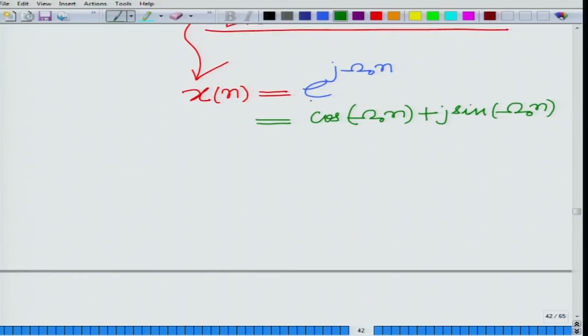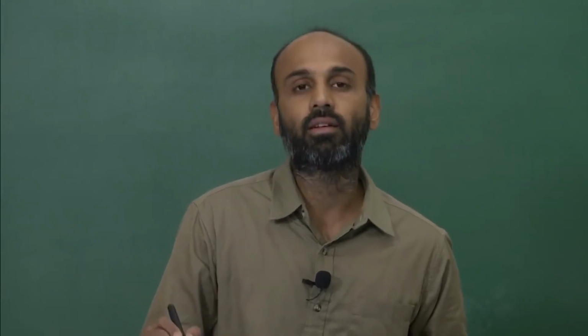And of course, now let us look at the periodicity of this signal. In particular, is it periodic? We would like to ask the question, is this discrete time complex exponential periodic, and the answer is slightly complicated.